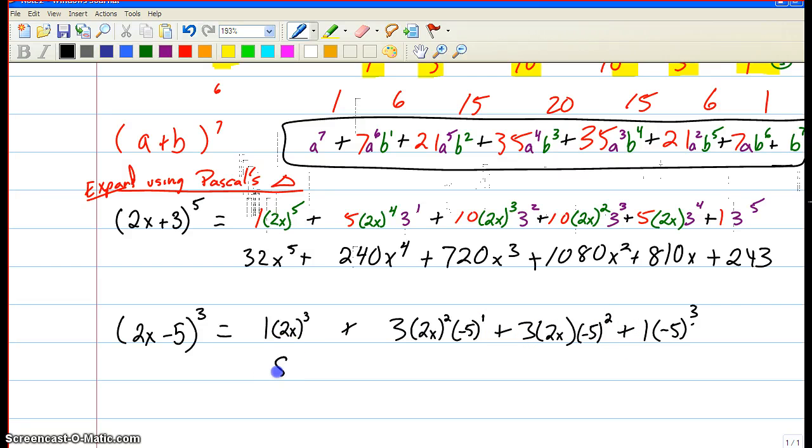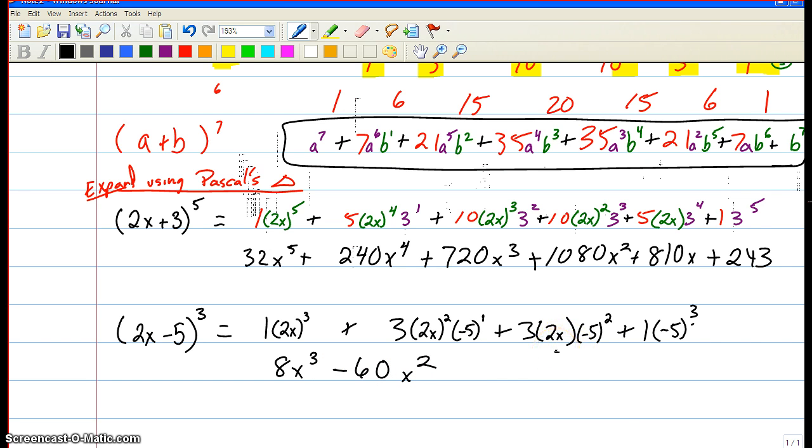2x to the 3rd is going to be 8x to the 3rd plus 3 times 2 squared times negative 5 to the 1st, which is just going to be negative 5. So you get, it's actually no longer plus, it's negative 60x squared. Okay.